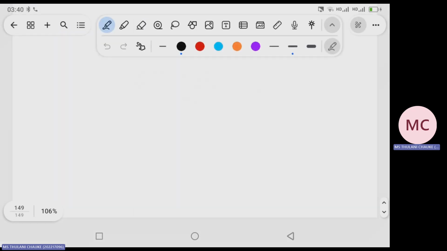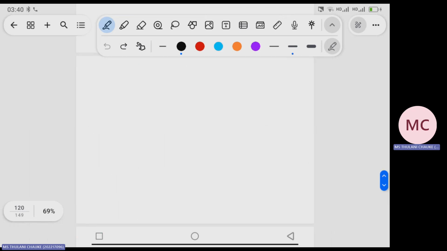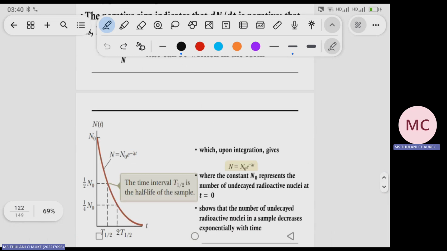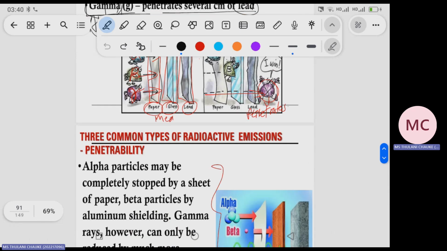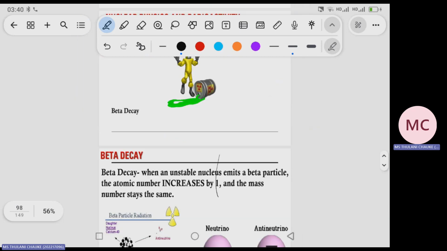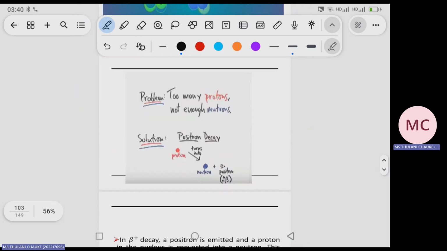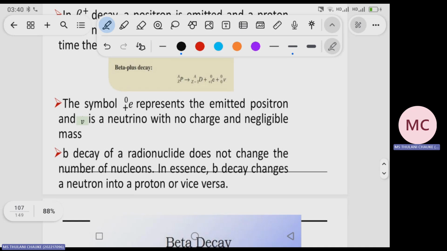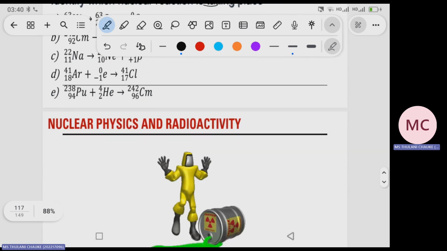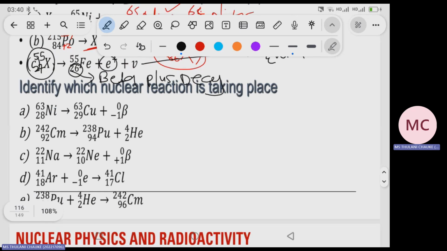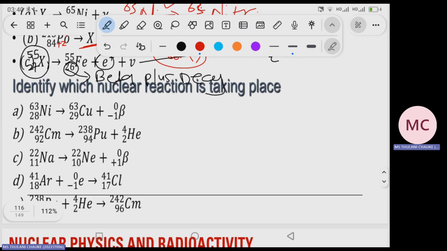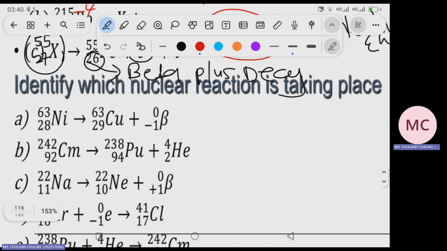You will also do the other examples. So this way, for the remaining ones you'll go and identify which nuclear reaction is taking place. With this one, you know it's beta minus.